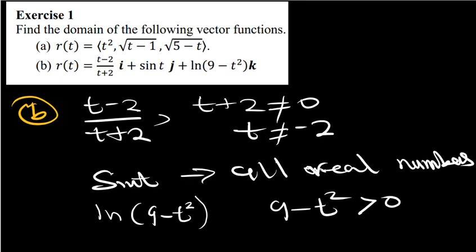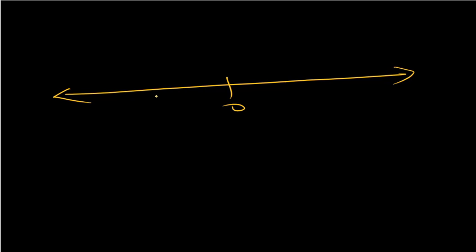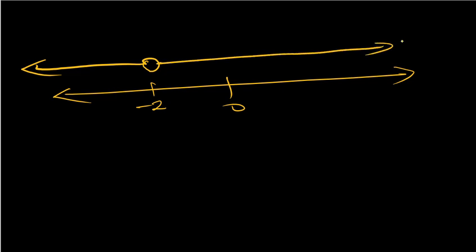So we'll draw our number line. The first one is t not equal to -2. So if -2 is here, we can represent that as all real numbers except -2. So this is for the first function, which is t minus 2 over t plus 2. This is the domain graphically. And the second one is all real numbers.